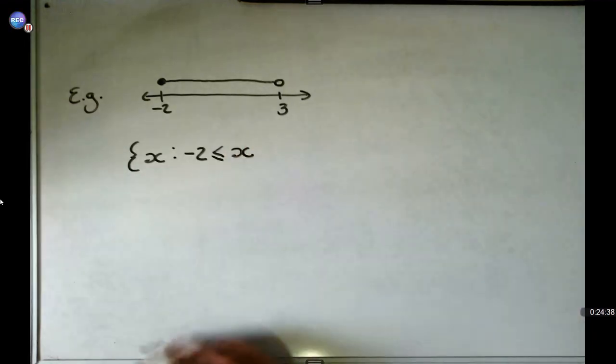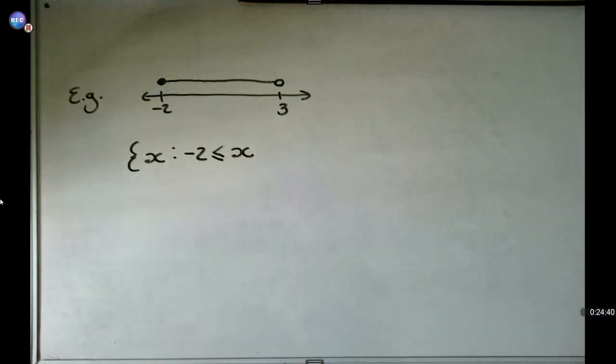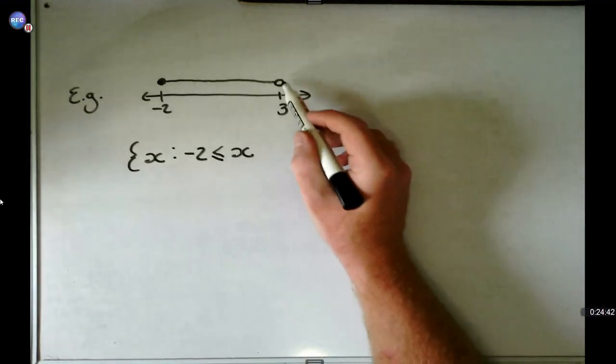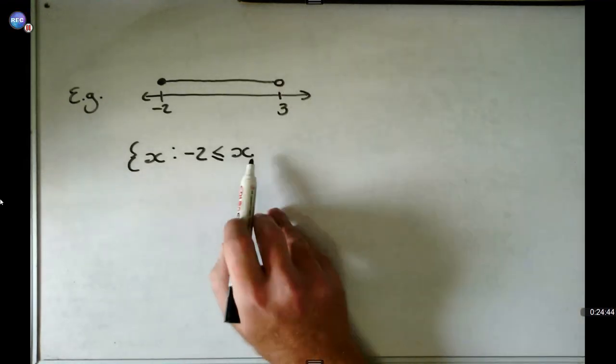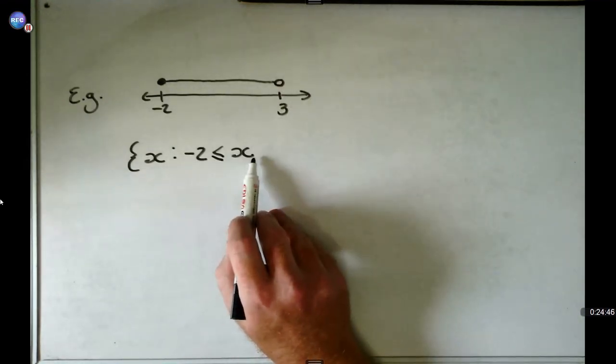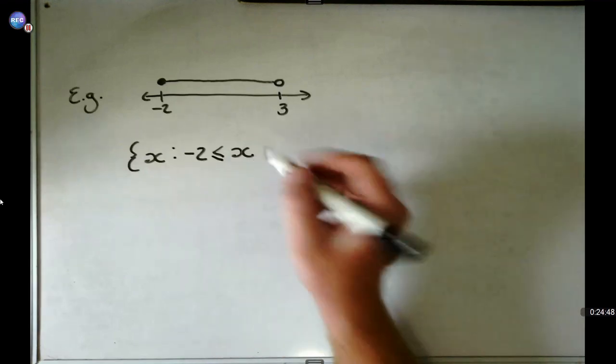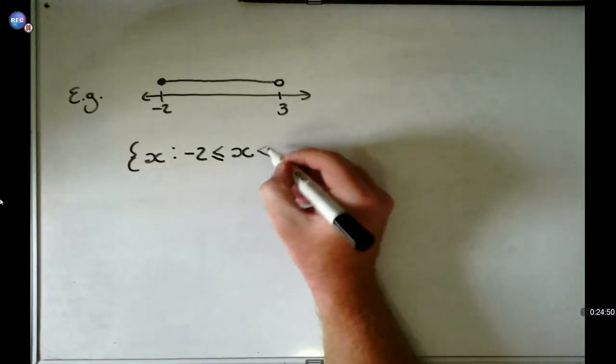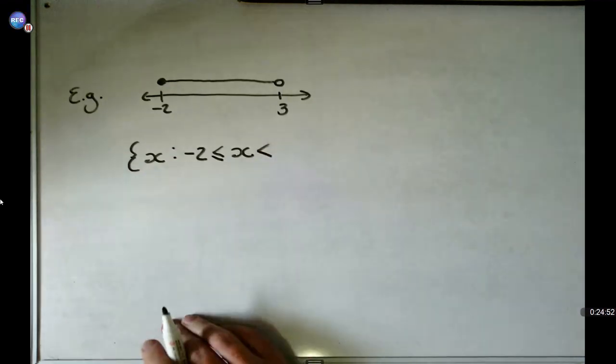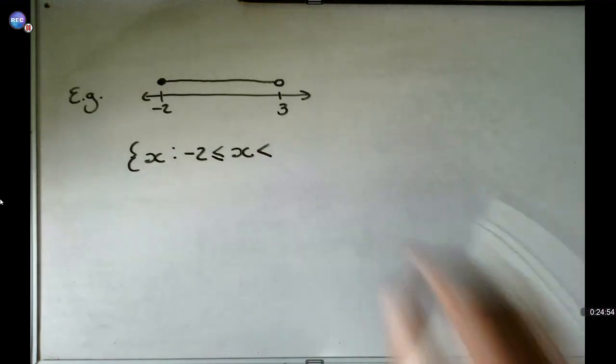You then put the variable x in, and now you need to understand that x is smaller than 3, which means that the other sign over here will be open towards the 3.